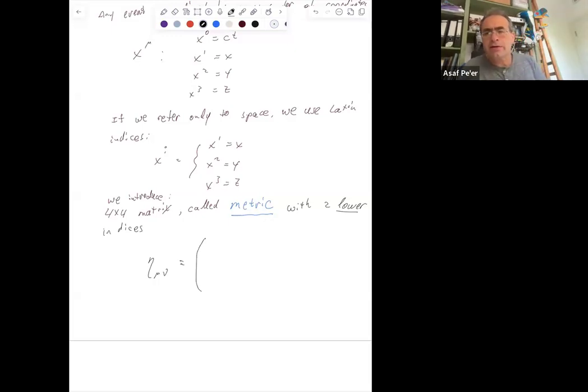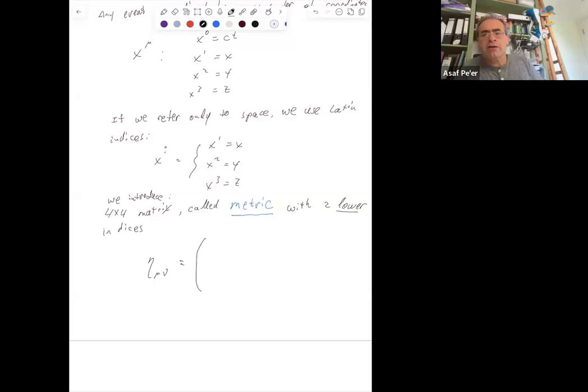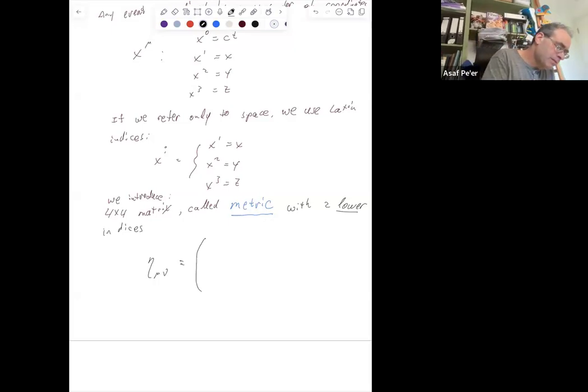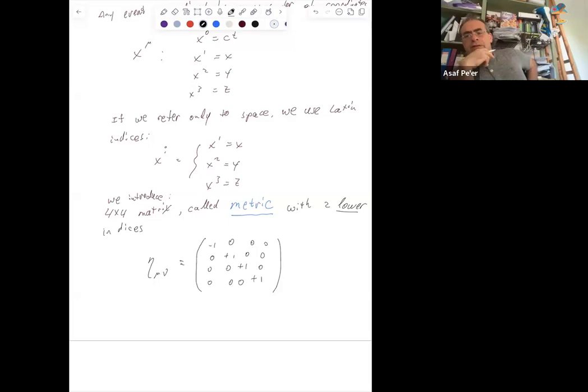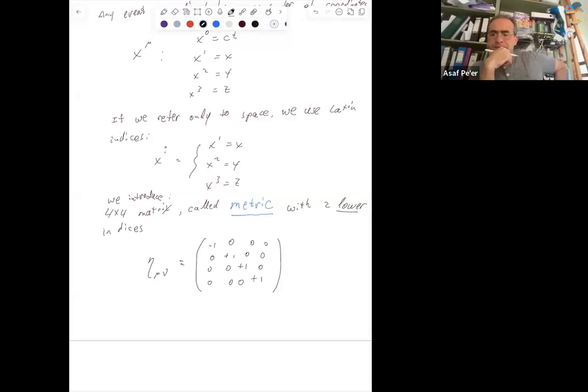It's zeros outside of the diagonal, and on the diagonal it's going to be a -1, +1, +1, and +1. And everything else is 0. That's a 4x4 matrix. Very simple one.